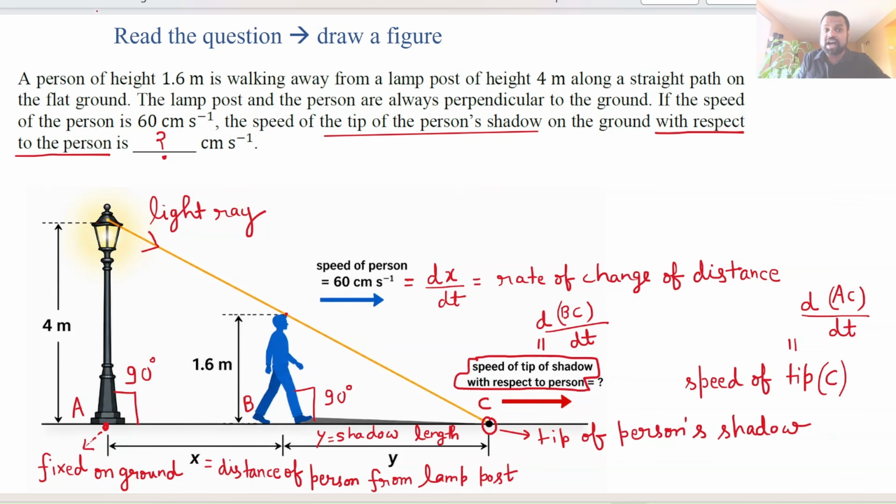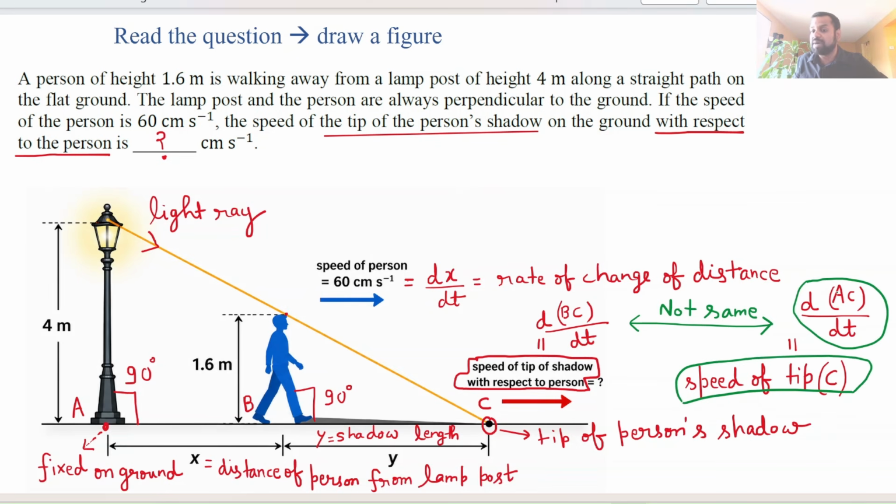And these are not the same. Let me show you that dBC by dt and dAC by dt, they are different. Speed of tip, this dAC by dt, that is the absolute speed of the shadow tip, okay?